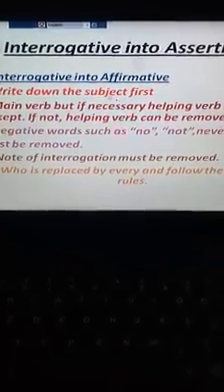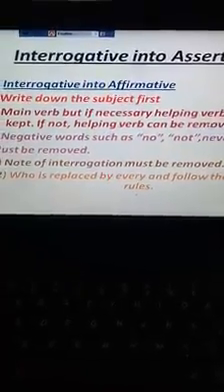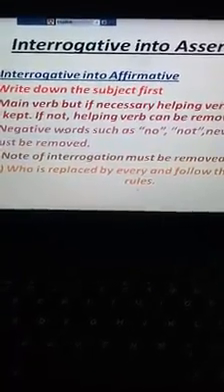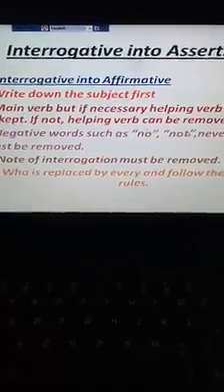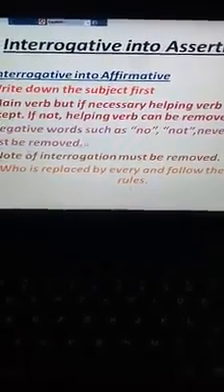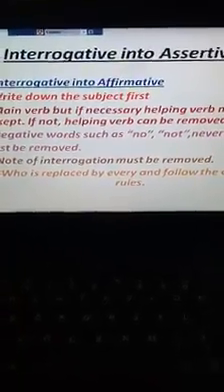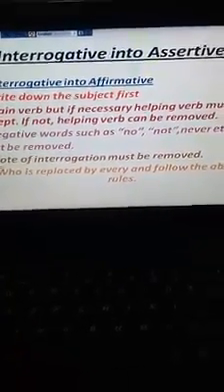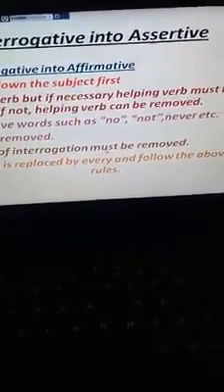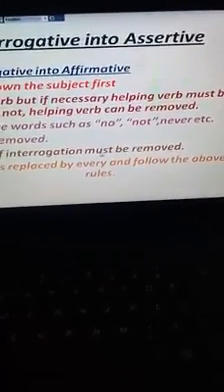But if you don't need it, the helping verb should be removed. The third step is negative words. All the negative words such as no, not, never must be removed from the sentence. And the fourth step is that the note of interrogation must be removed and a full stop must be used in the affirmative sentence.